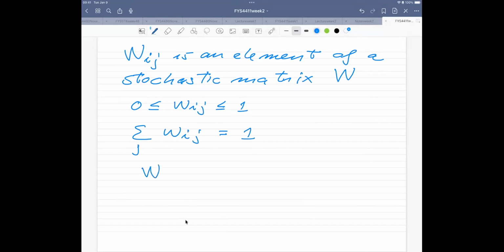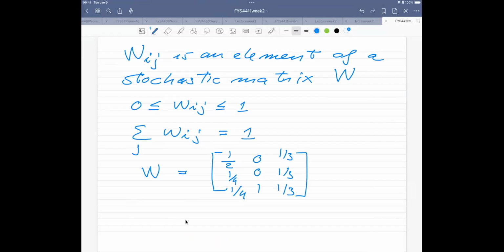As an example, consider this matrix, which is a stochastic matrix: 1/2, 1/4, 1/4; 0, 0, 1; and then 1/3, 1/3, 1/3. You see that every column sums to 1.